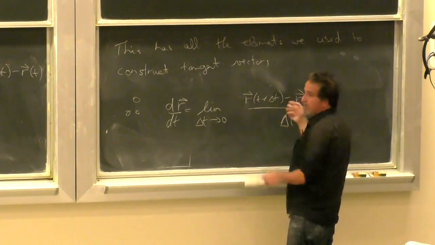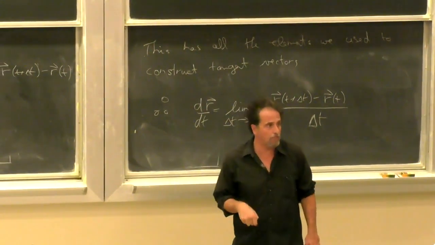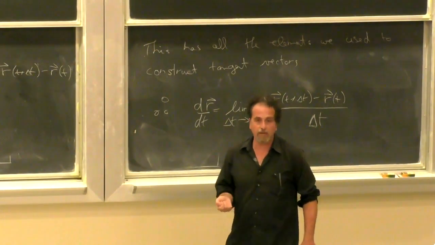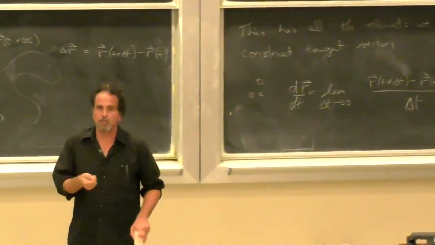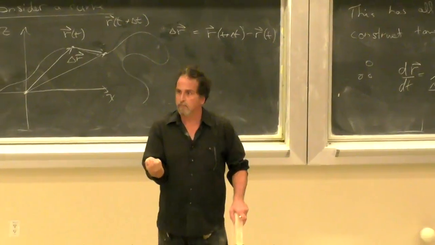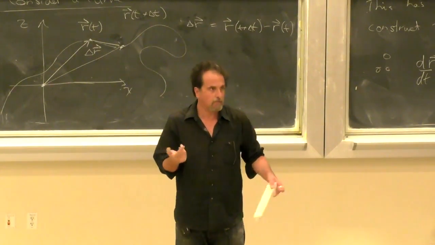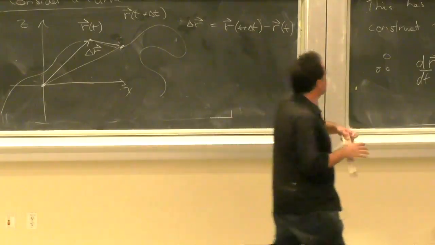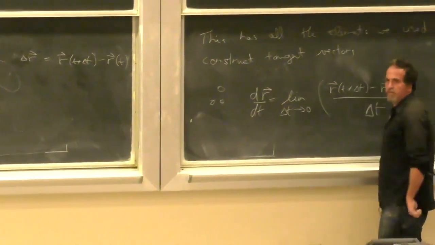The numerator is a vector whose magnitude is getting smaller and smaller. The denominator is the amount of time after which you measure the second vector, and we're letting that amount of time get smaller and smaller. And if this limit exists, it's actually equal to dr dt.